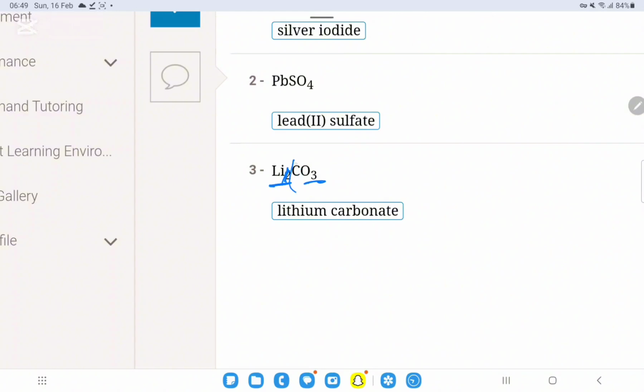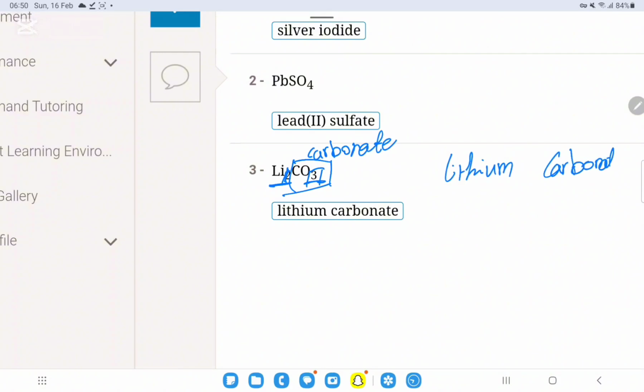The 3 is part of the CO3. CO3 is a carbonate ion. You should also know it from the table. So since it's carbonate, the 3 is part of it. You don't remove it. The name of that ion is carbonate. So lithium for the Li, and CO3 is carbonate, lithium carbonate.